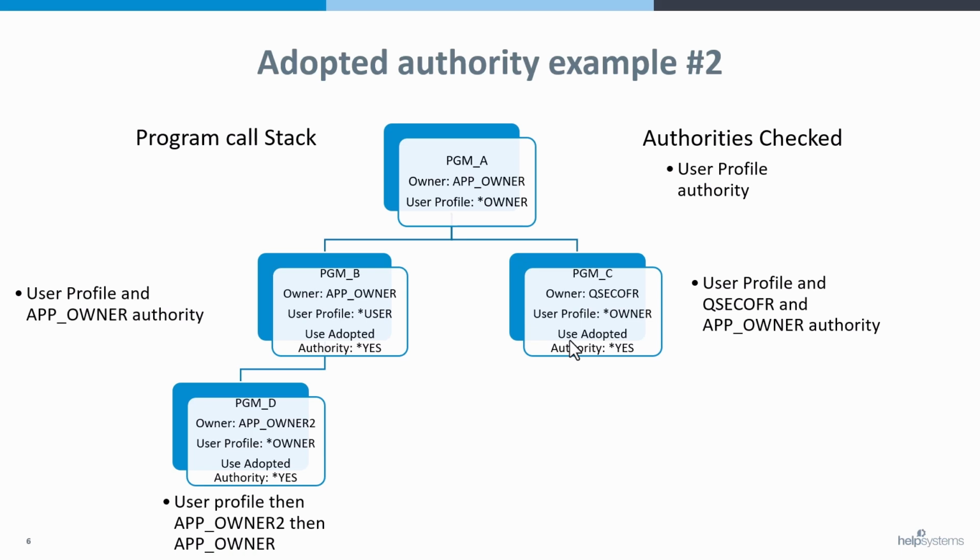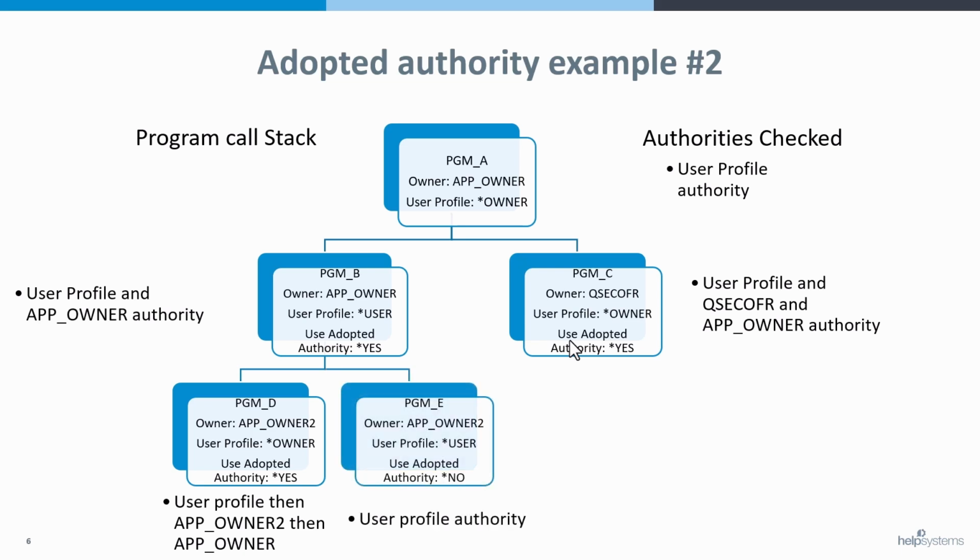So when it executes, the user profile authorities are looked at, then APPOWNER2, and then APPOWNER. All of those authorities can be accessed to eventually make whatever the request is successful by that program. So what if we take a menu option that presents a command line?